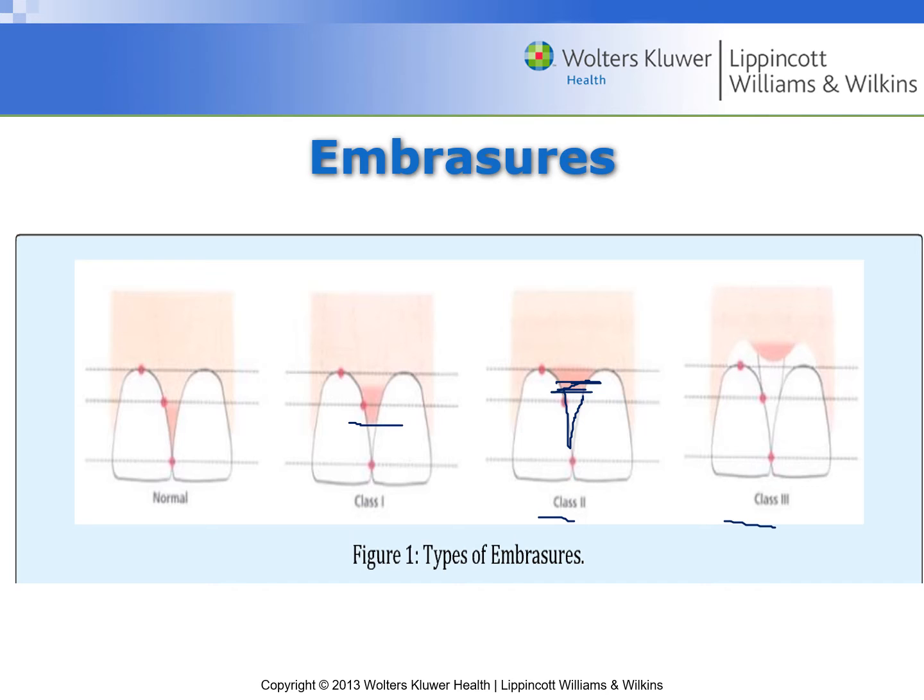The tissue is way down here, and it's just like a big hole where you are seeing the roots of the teeth, and the papilla is way down there. So you'll need to know, like by picture, what classification these are, but it's pretty easy to figure out.